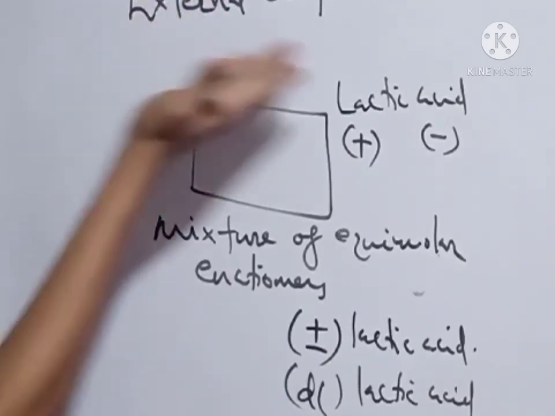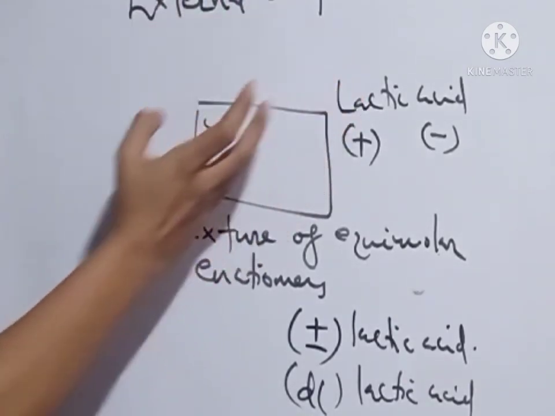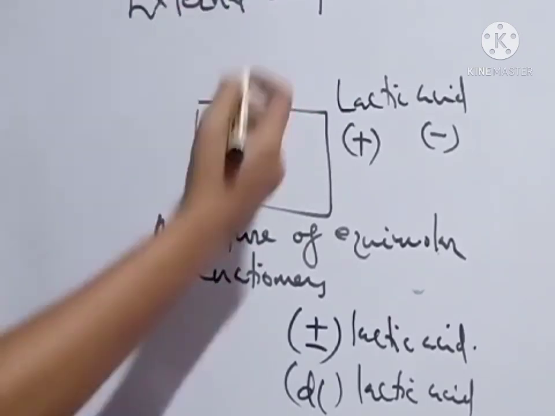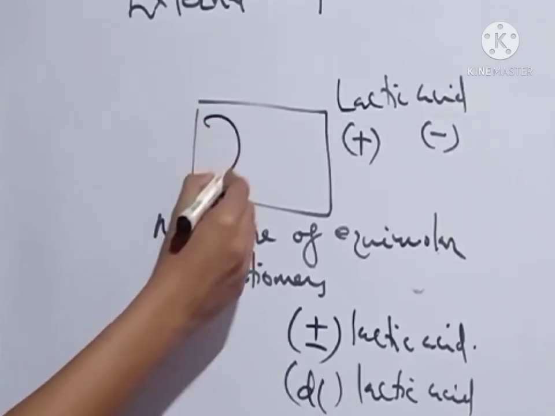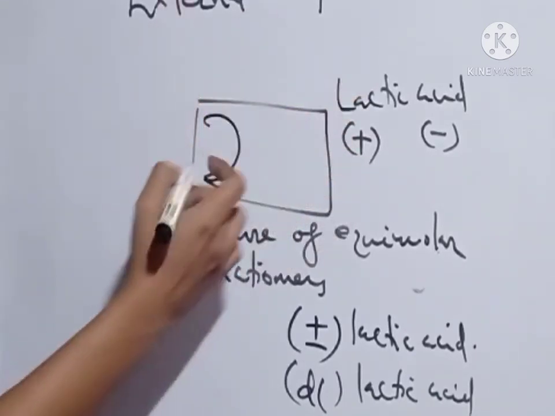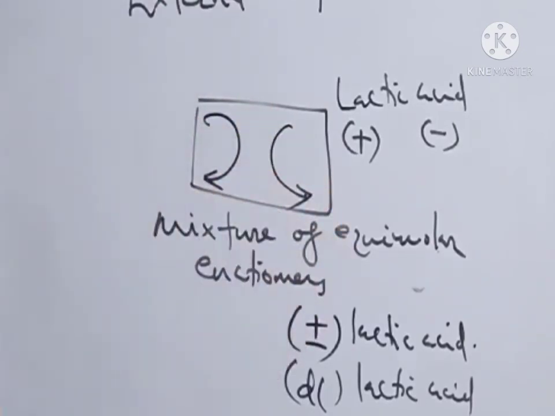Now we can explain external compensation. Here in this mixture, we know equimolar amounts of plus and minus lactic acids are there. So if plus lactic acid rotates the plane polarized light in the clockwise direction, the minus lactic acid rotates the plane polarized light in the anti-clockwise direction.